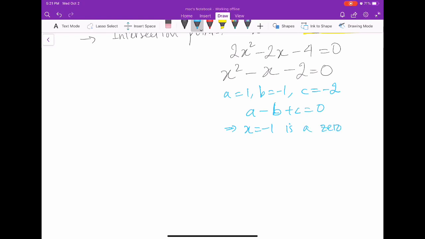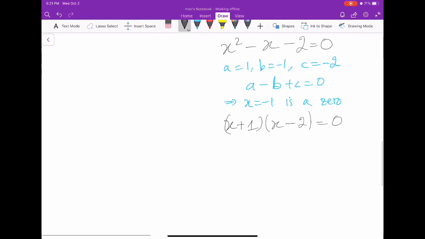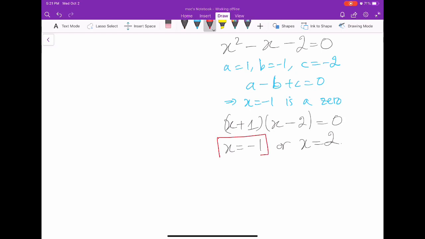Okay? So I can factor it: x plus 1 times x minus 2 equal to 0. From here, I have x equal to negative 1 or x equal to 2. So there are two intersection points, x equal to negative 1 and x equal to 2.